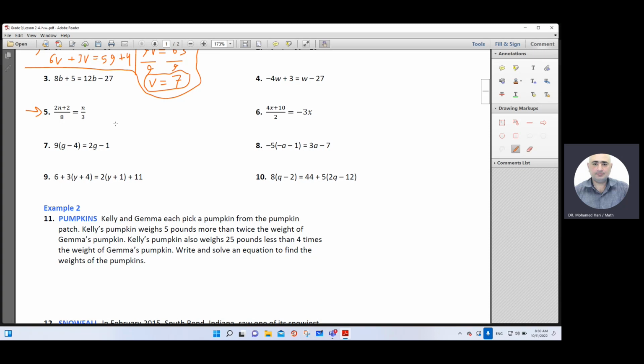You can do a cross product. 8 times n equals, then 3 times 2n plus 2. Write 3, open parenthesis, then write 2n plus 2. Then close the parenthesis. Now continue to use distributive.